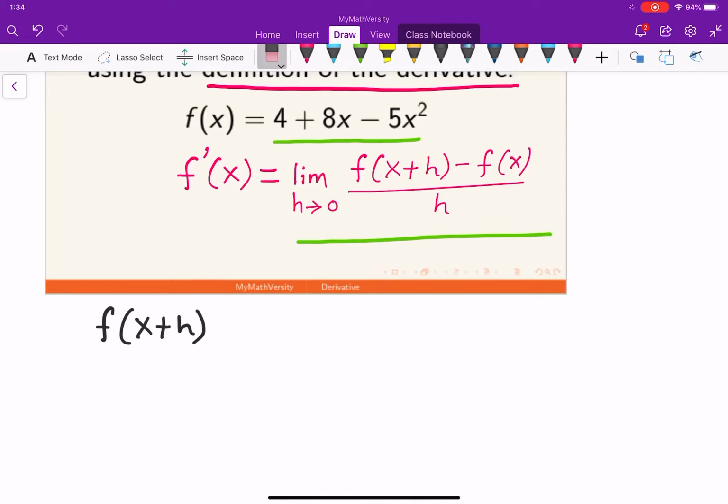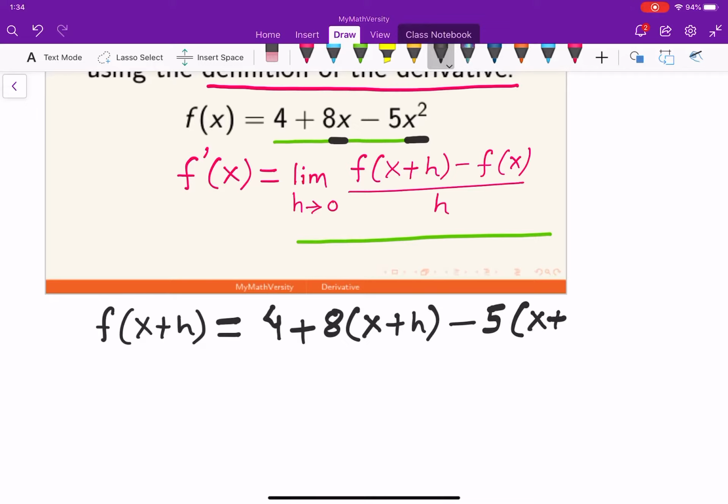If we follow the 4-step process, we just need to find first what is f of x plus h. In this case, we just need to find the function at x plus h, right? Which can be done like this: the function is 4 plus 8 times x, so instead of 8 times x, the x can be replaced now by x plus h, and then minus 5x squared needs to be written as 5 times the square of x plus h.